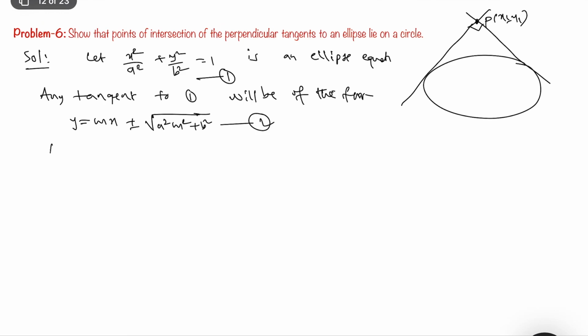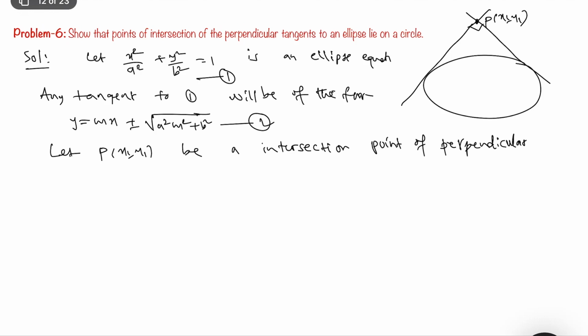Now let P(x1, y1) be the intersection point of perpendicular tangents to ellipse 1.